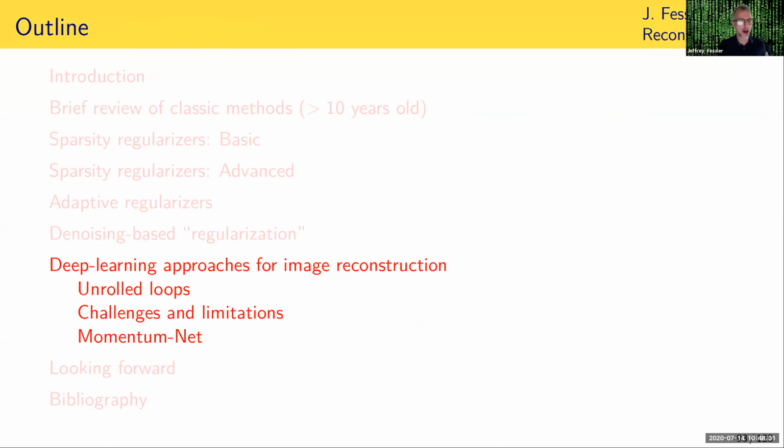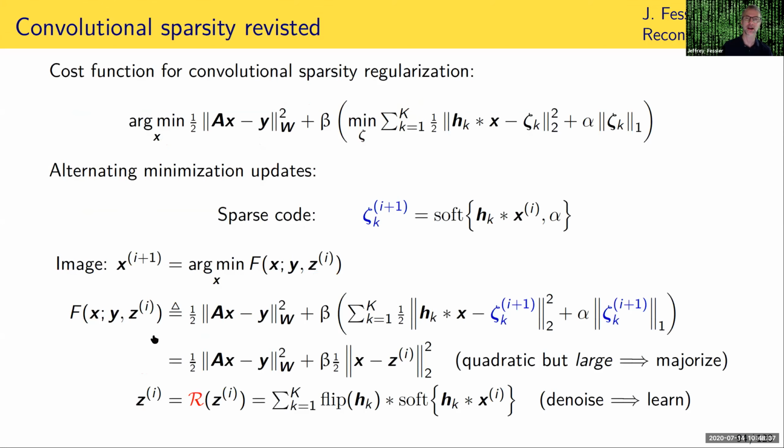And I'm going to end with my current favorite unrolled loop algorithm from my former postdoc, Il-Young Chun, now at the University of Hawaii. Again, to ease into this, I remind you I was looking at these convolutional regularizers earlier, where we want an image that fits the data, but that when we convolve it with some filters, produces sparse outputs.